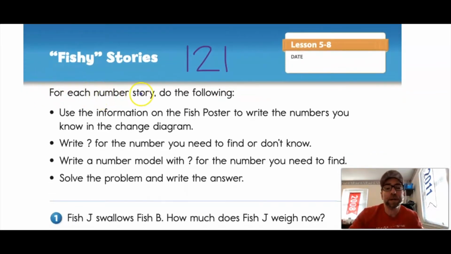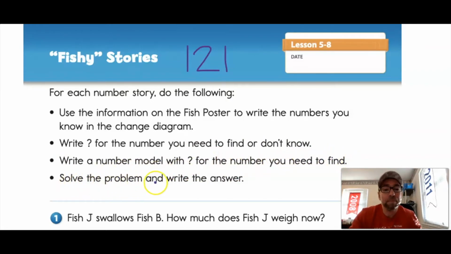For each story, do the following. Use the information on the fish poster to write the numbers you know in the change diagram. Write a question mark for the number you need to find or don't know. Write a number model with a question mark for the number you need to find.